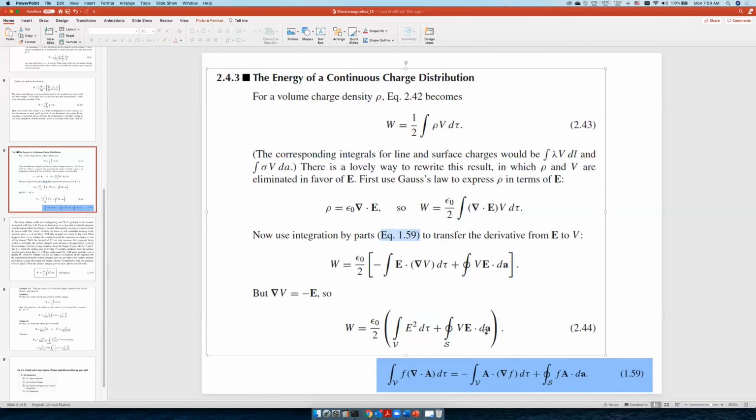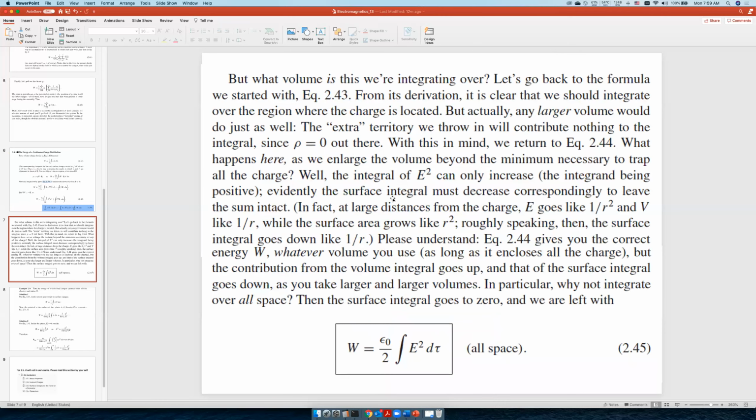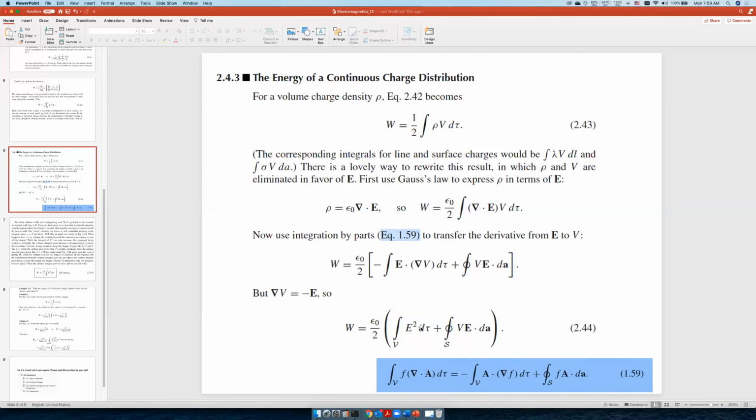Now, using this equation, you will get some interesting features. First of all, let's see which volume and surface we should use to do the volume integral and surface integral. Of course, it should be the volume which contains your continuous charge distribution, and the surface which encloses this volume.